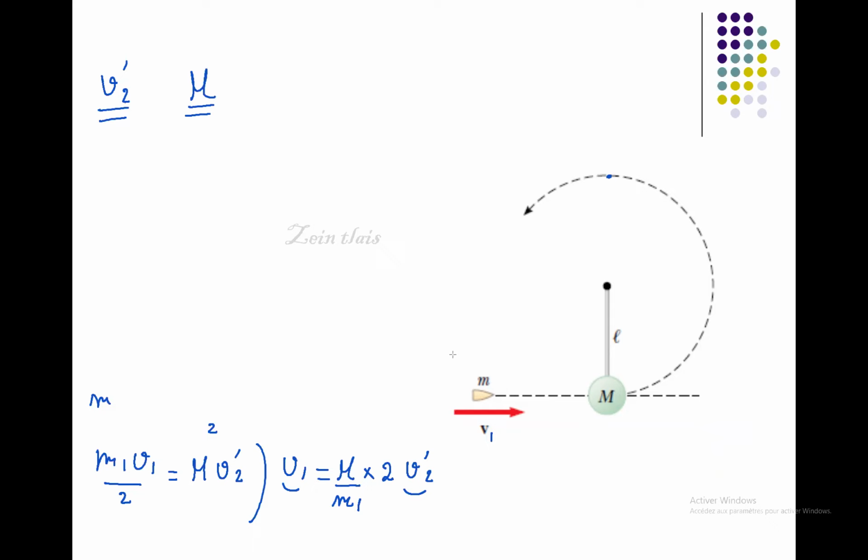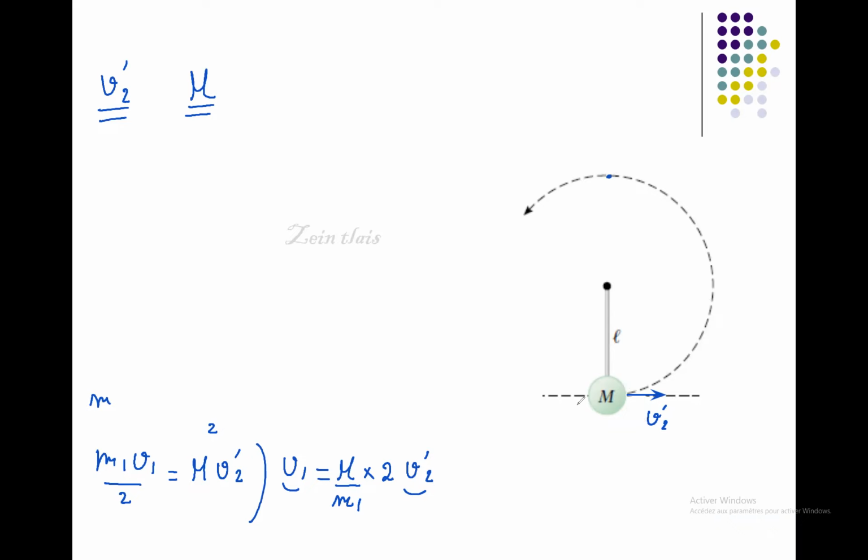Just after the collision, the velocity of the pendulum equals V2 prime, and the pendulum moves to the maximum position at this point.